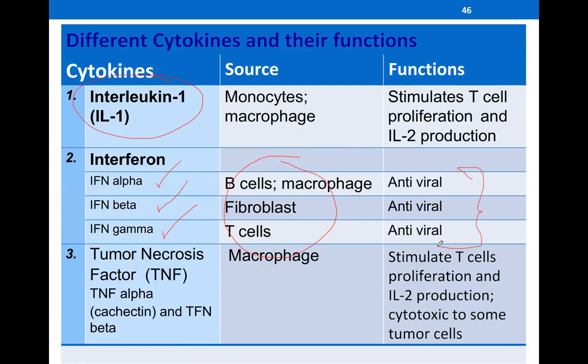The B cells or the macrophages are only at the alpha interferon. Your fibroblast, or the parenchyma of your connective tissue, is an example of the source of beta interferon, and the gamma interferon will be coming from the T cells. Take note, they are all antiviral.